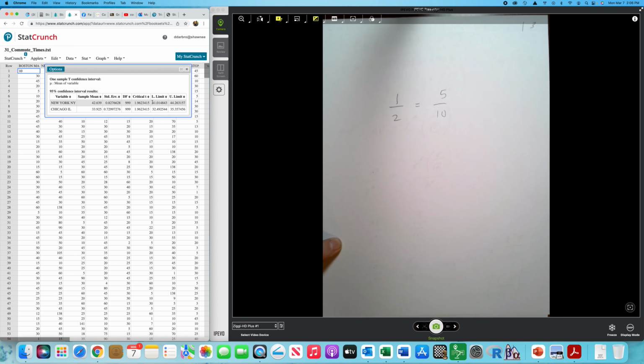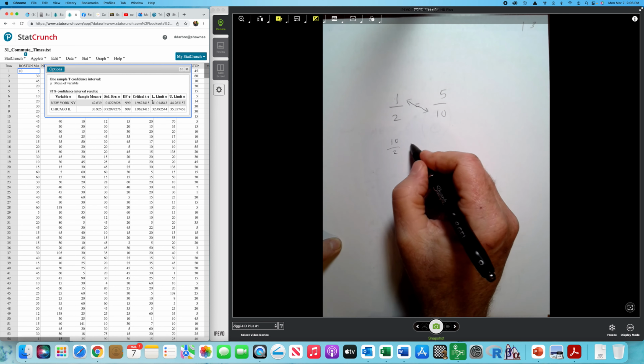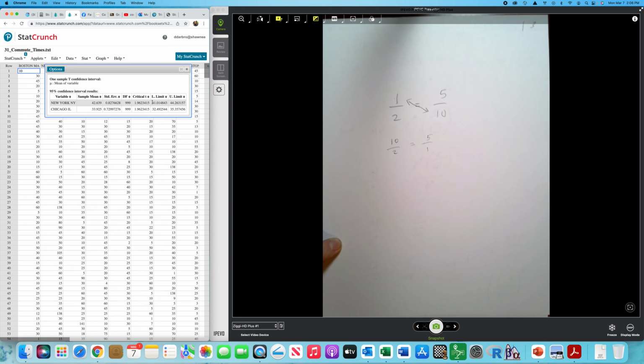Put the 10 up here, put the 1 down here, and I do not change the equality. I could switch these two, so I could have the 1 over 5 equal to 2 over 10. So I can switch these things on the diagonal.